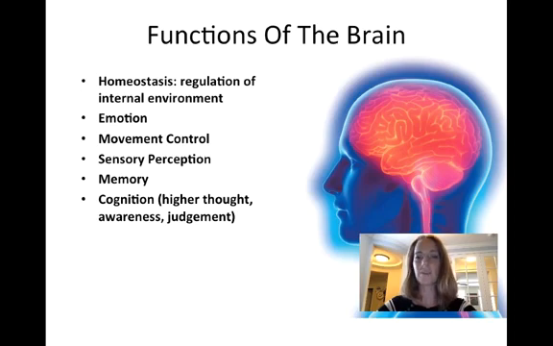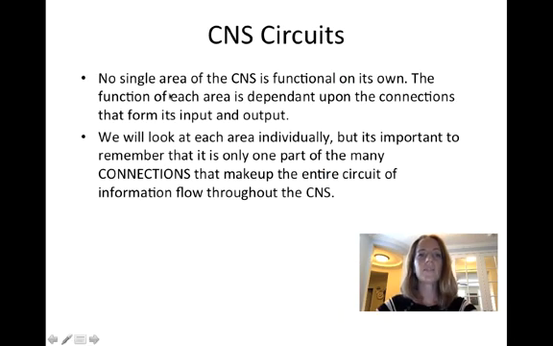awareness, and judgment. So what I want to remind you of is that the central nervous system is functioning as a circuit. So even though we're going to go through one area at a time, and I'm going to show you guys, generally what the function of a particular region of the brain is, these functions are dependent upon the whole circuit.